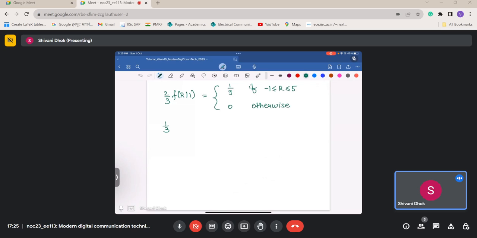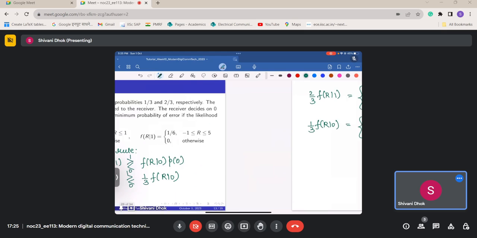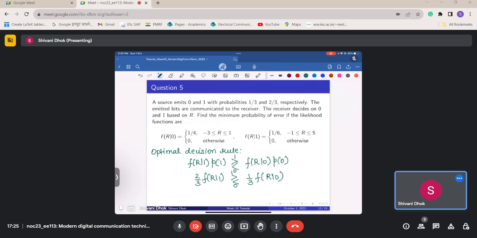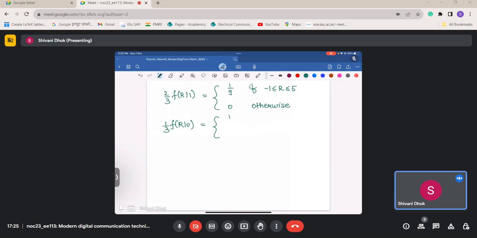Similarly, 1 by 3 f of r given 0 is 1 by 3 into 1 by 4, which is 1 by 12, and that is valid when we are between minus 3 and 1. So this is equal to 1 by 12 if we are between minus 3 and 1, and 0 otherwise.